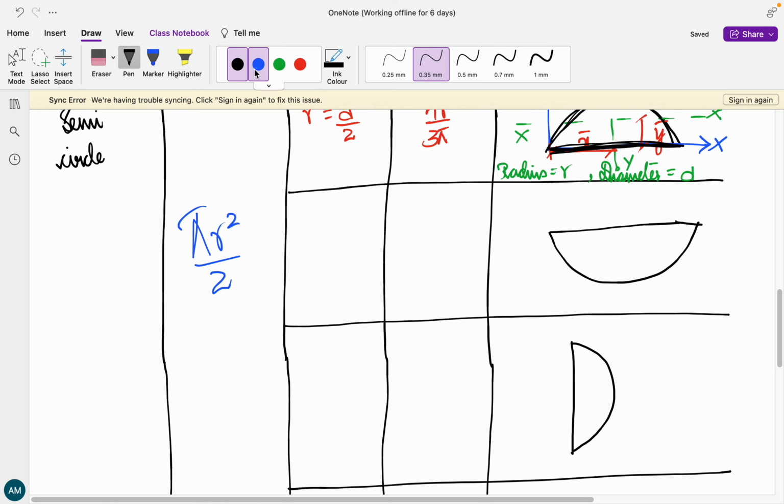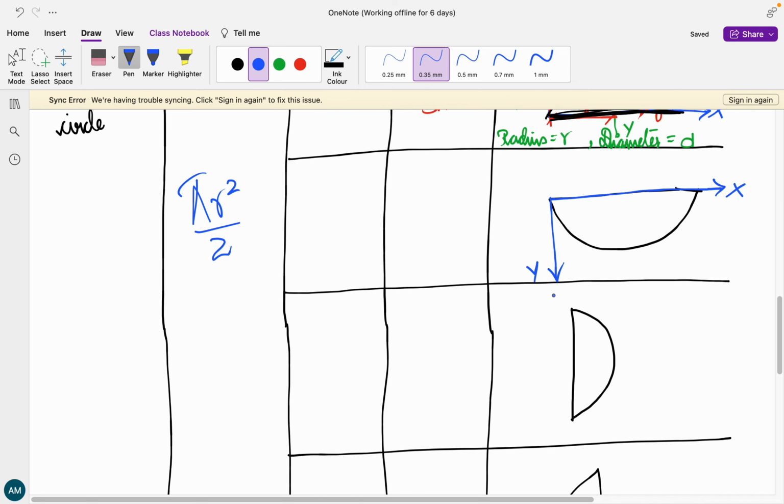Now coming to the second orientation, the area remains constant. Let us mark the x-axis followed by the y-axis. If you can see, the y-axis is negative, it is downwards. Now let us mark the x-axis, and then the y-axis also over here.